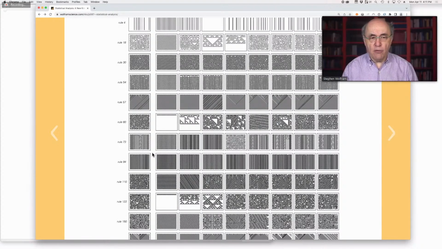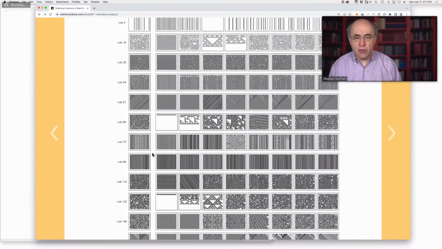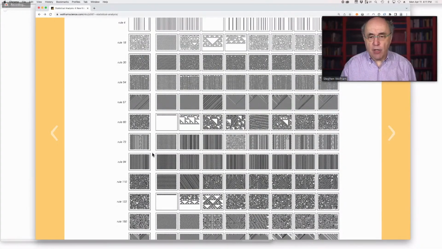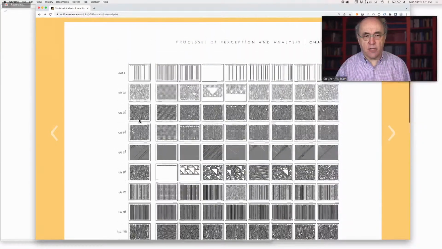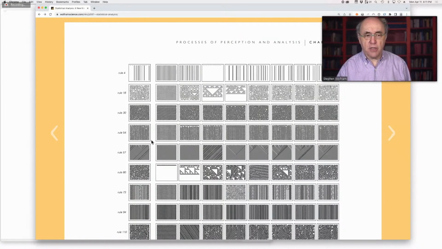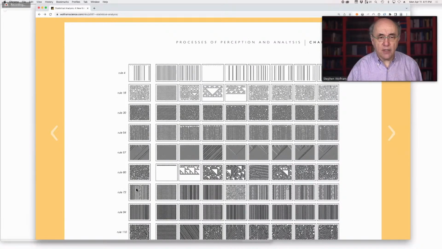So what's a principled way to think about this? A thing we could do is to say, let's enumerate all possible statistical tests. How will we do that? We can do it because we can enumerate all possible programs, and we can treat every cellular automaton as a statistical test. Across the page here, we've got different initial conditions, and down the page, we're running cellular automata as statistical tests. Here we're running Rule 60: just take that initial condition, run Rule 60, and see what you get.